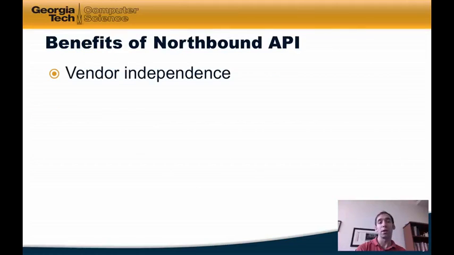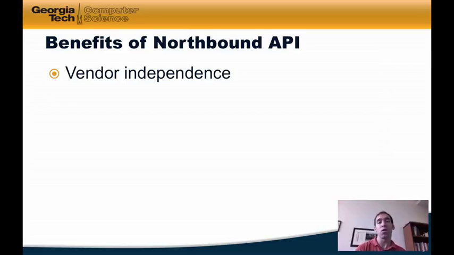A Northbound API offers many benefits. One is vendor independence. Different vendors might offer switches or other network devices with different southbound APIs, depending on the capabilities of a particular switch or network device.